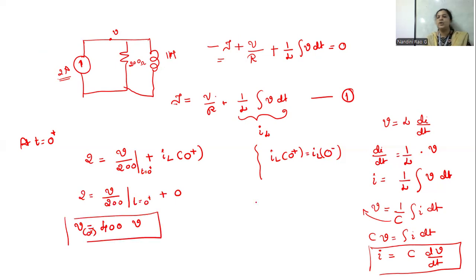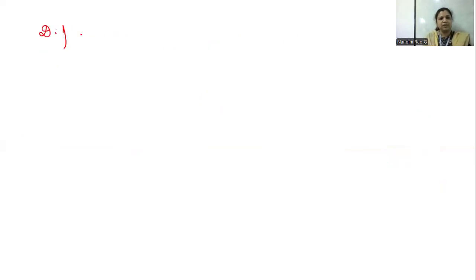Done. What is the next step? I am supposed to find dV by dt. What should I do? Differentiate equation 1 with respect to t. We had I, so di by dt.